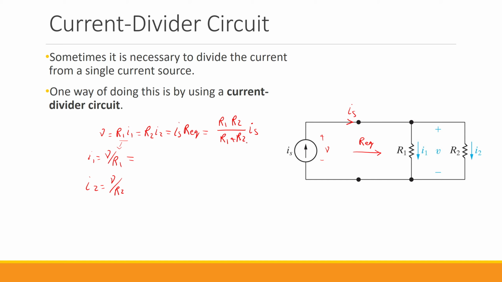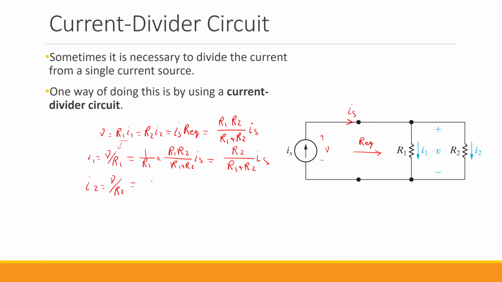We know the value for V from this equation. Since we know Is and we also know R1 and R2, we can easily find the equation for I1 and I2. So we have 1 over R1 multiplied by R1 R2 divided by R1 plus R2, multiplied by Is. This is 1 over R1 that we have here, and this is V. If I do the calculation, this becomes R2 over R1 plus R2 multiplied by Is.